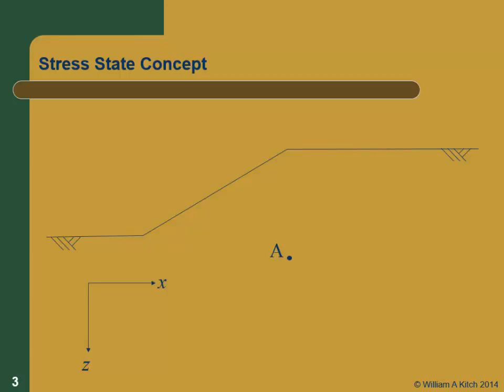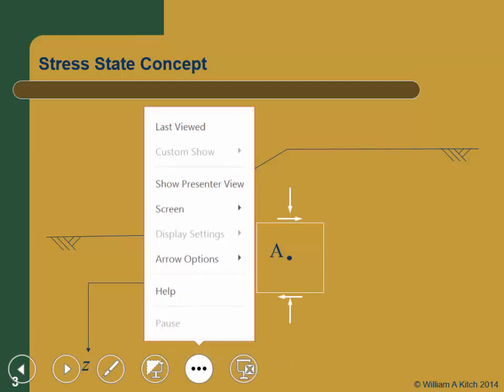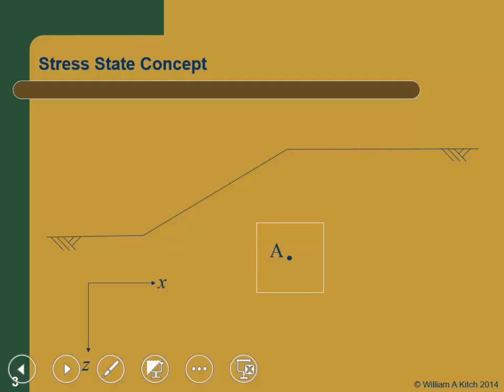So let's talk about this concept of the state of stress. A good model of this is a slope, and let's assume that at some point A below that slope, we want to know the behavior because we're looking at a slope stability problem. Here's my little element at A, and I might initially have this defined in an XY coordinate system, because that's the way things start.